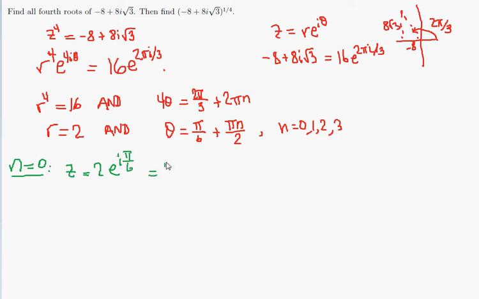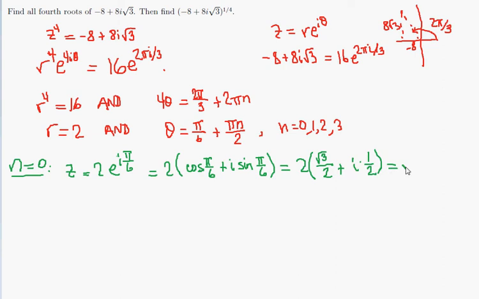Or in other words, 2 times the cosine of pi over 6 plus i sine pi over 6, which is 2 times the square root of 3 over 2 plus i times a half, which is square root of 3 plus i.